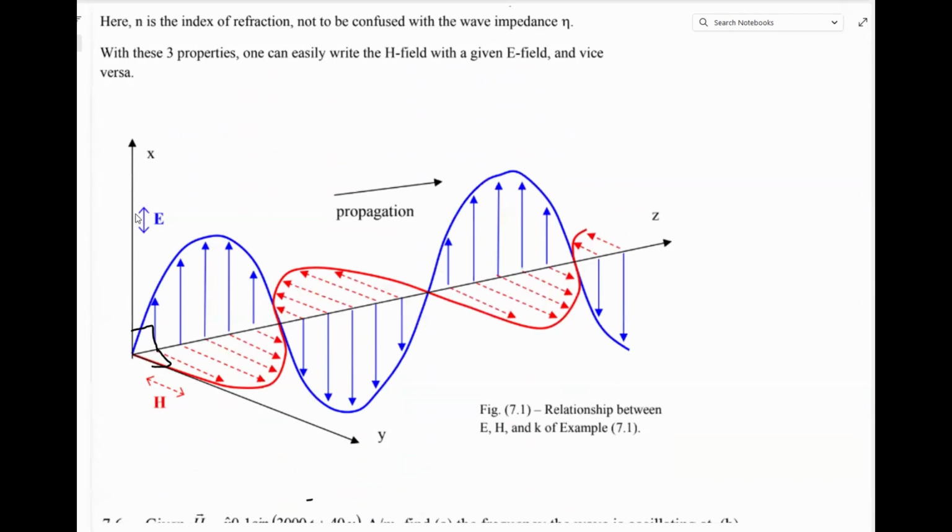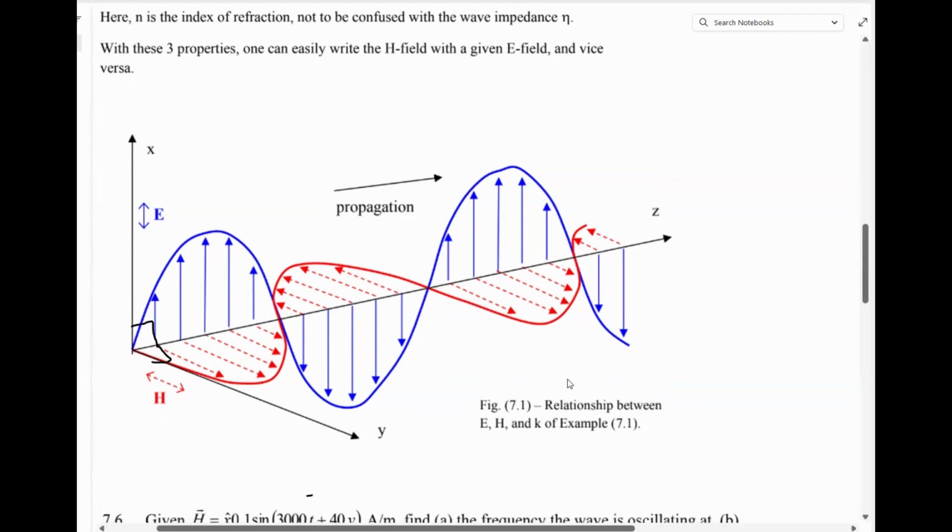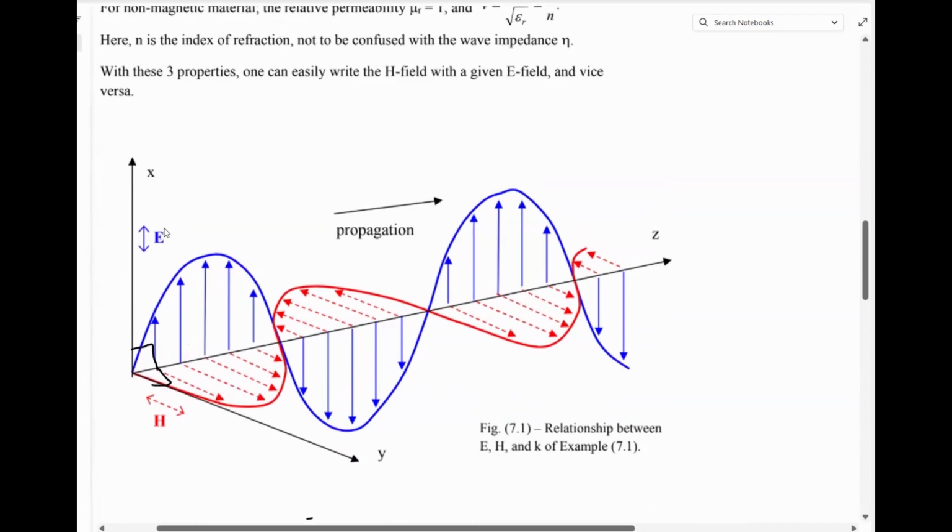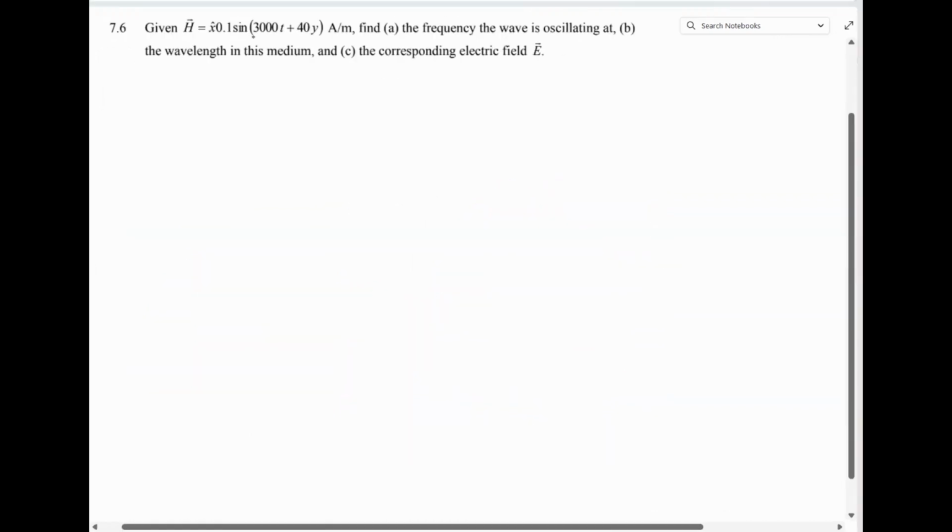So our electric field is on our x-axis in the positive direction, our H field is in the positive y direction, and our propagation is going along the z-axis in the positive direction. So we can see that they are all 90 degrees away from each other, and that will help us figure out the E field.